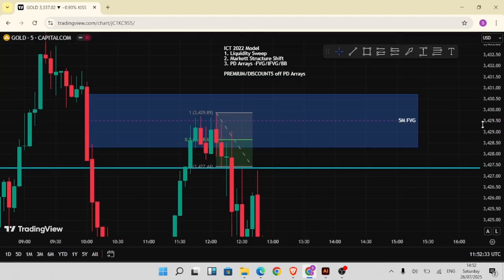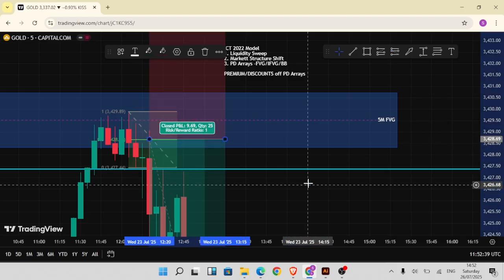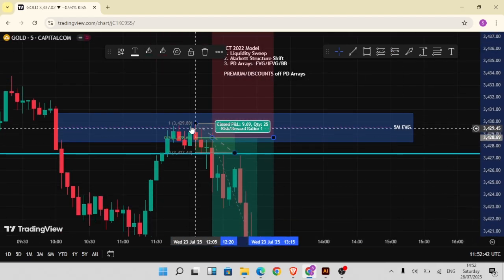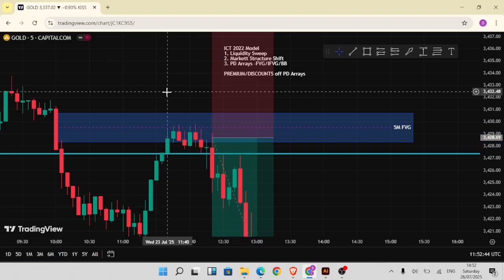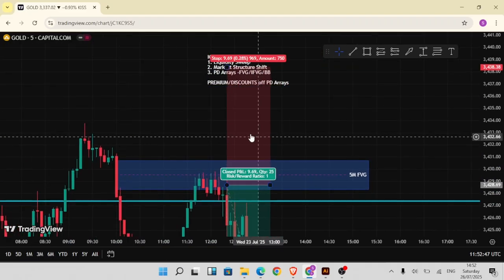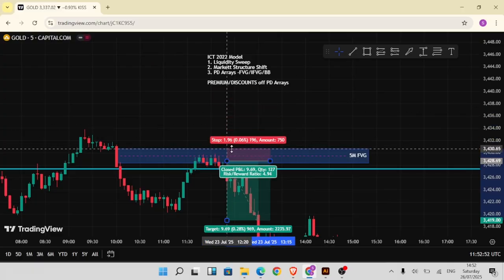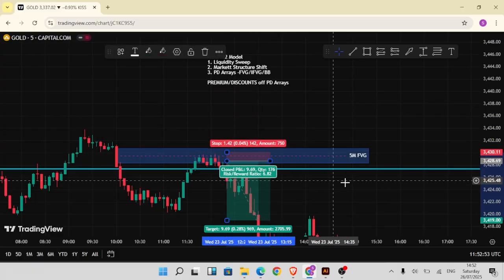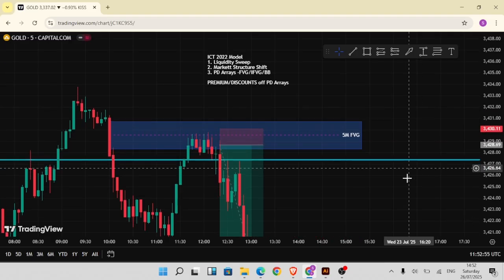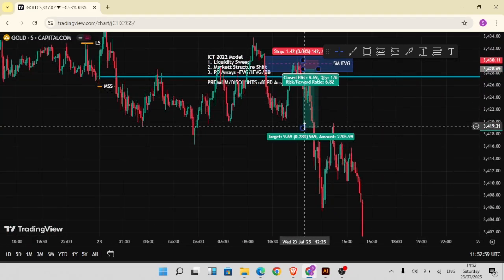And what do you do? You want to take a trade at the equilibrium of this area. Sorry. Stop loss right above those highs and take profit 1 to 4.